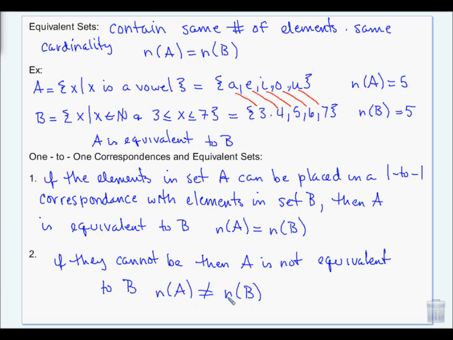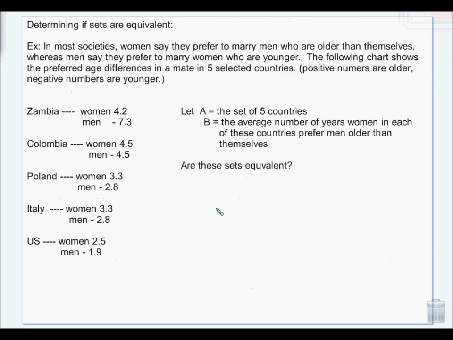Now we're talking about all of the elements, right? Every element in set A has to be in a one-to-one correspondence with every element in set B. That's also called being onto. So it's one-to-one and onto.